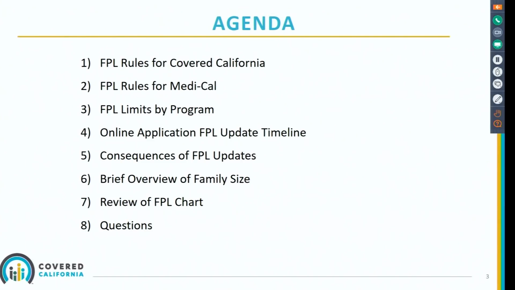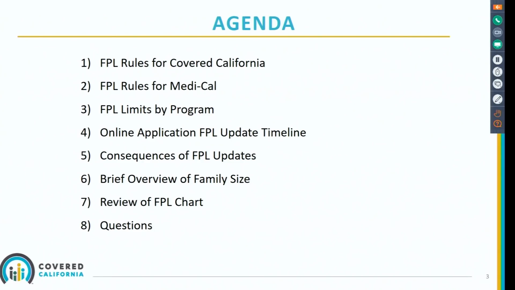Our agenda for today is here. We're going to start off looking at the regulations that govern the usage of FPL for Covered California. We're going to look at similar rules for Medi-Cal. We'll take a look at the specific FPL limits per program. We'll review the online application FPL update timeline, so the important time frames when the FPL changes or the usage changes.